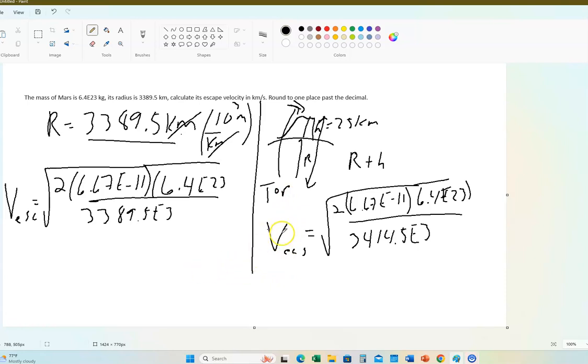It takes a smaller escape velocity to leave from Mount Olympus than it does to leave from the surface, from the average distance that the planet's surface is from its center. All right. So anyhow, let's do both these calculations.